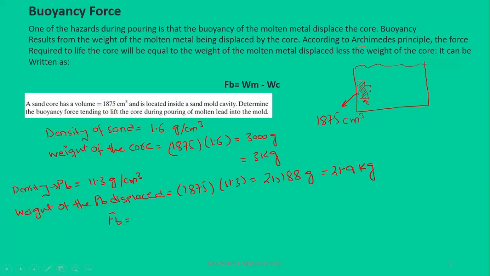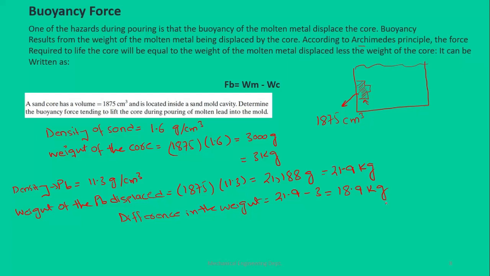The difference between them would be 21.9 minus 3 kilograms, and it equals 18.9 kilograms. This is the weight of the lead being displaced, right?